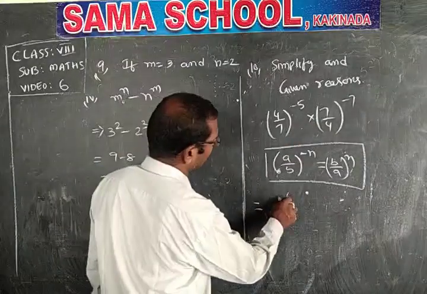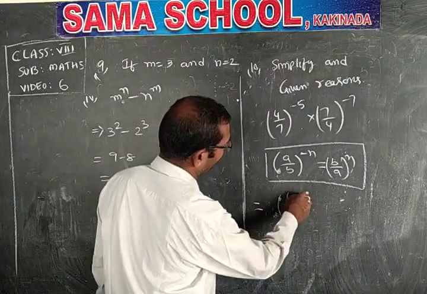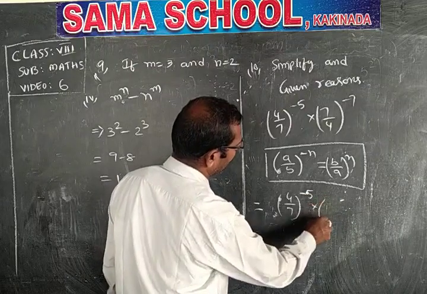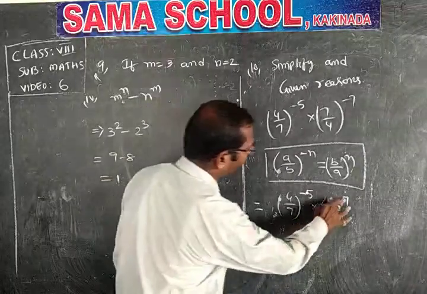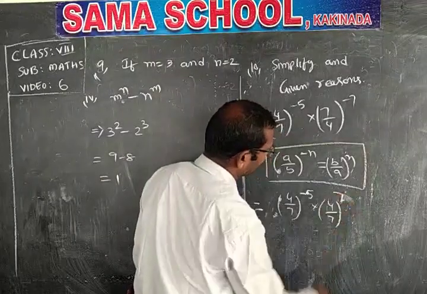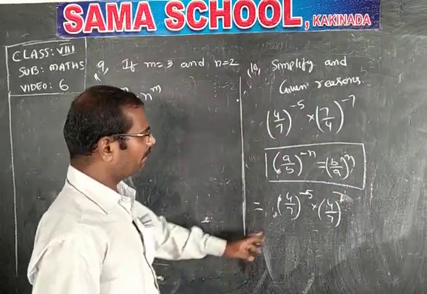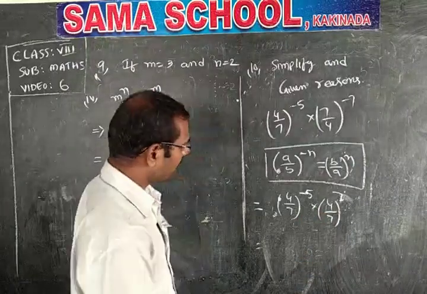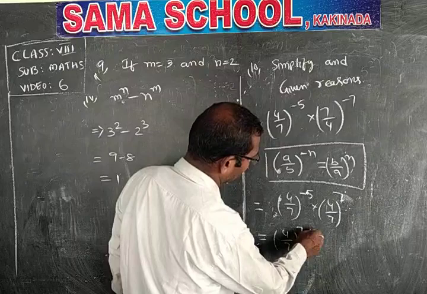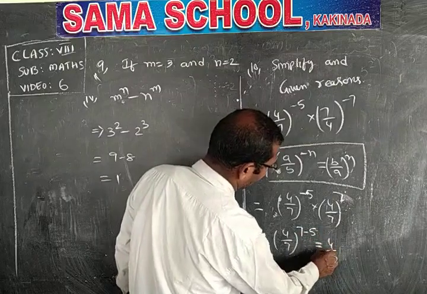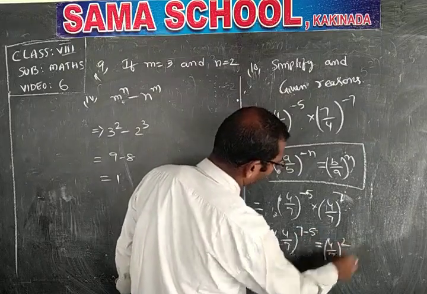That means 4 by 7 whole power 5 you can keep, but into here 4 by 7 whole power 7. Here the bases are equal, so powers should be subtracted. That means 4 by 7 whole power 7 minus 5. That means 4 by 7 whole power 2.